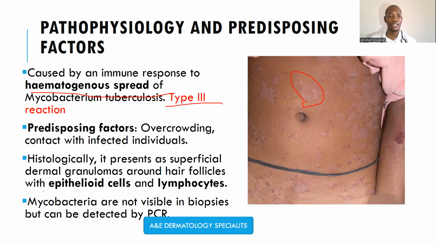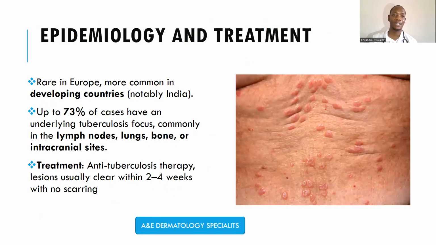Histologically, you'll see superficial dermal granulomas around the hair follicles with epithelioid cells and lymphocytes surrounding the area. In this case, it may be very hard for you to see the Mycobacteria, and you can only do a PCR, where we pick up the DNA of these bacteria.